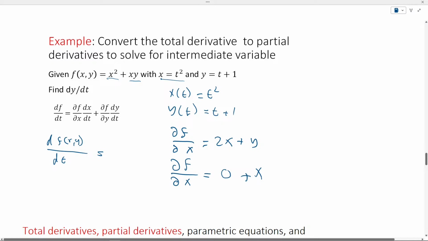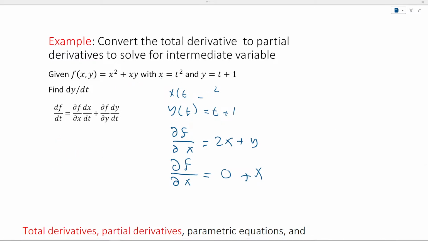Write this down here, and then you find dx with respect to dt, that would be 2t, and then you find dy with respect to dt, and that would be 1. And then you just put everything together.